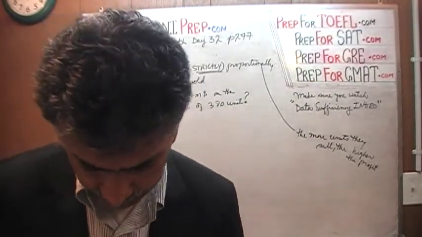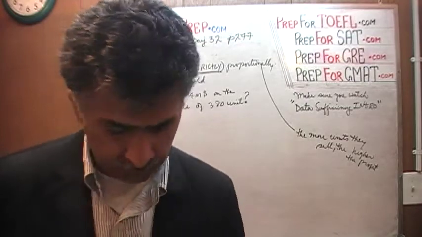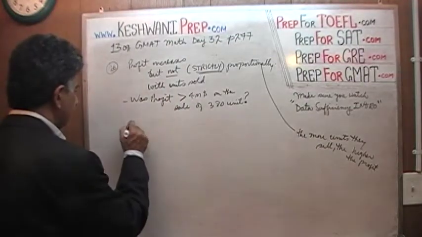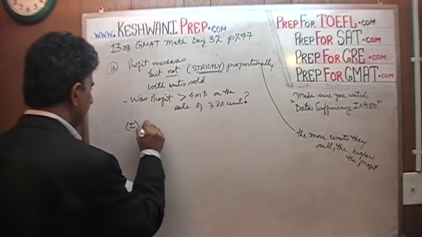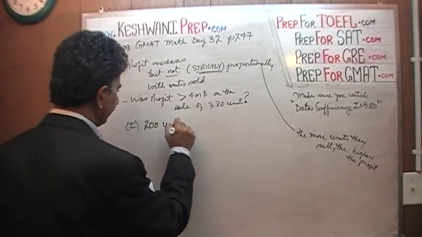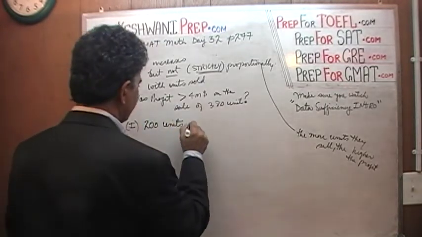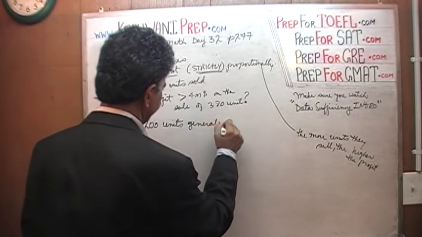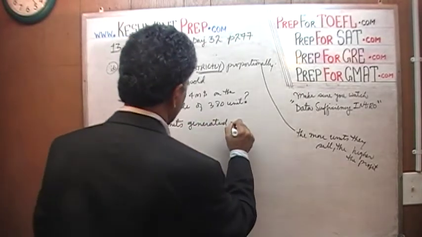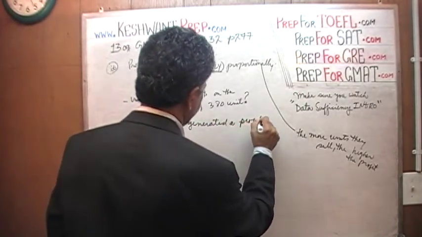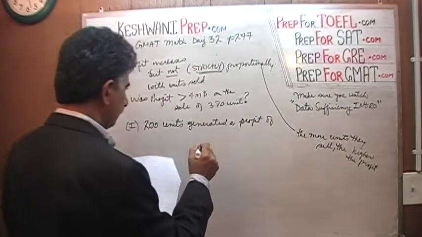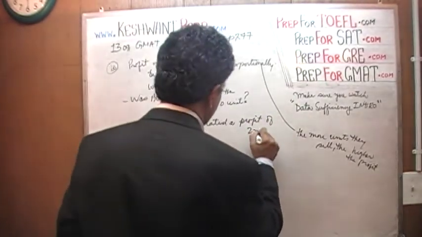The first statement tells us that when they sold 200 units, 200 units generated a profit of $2 million.